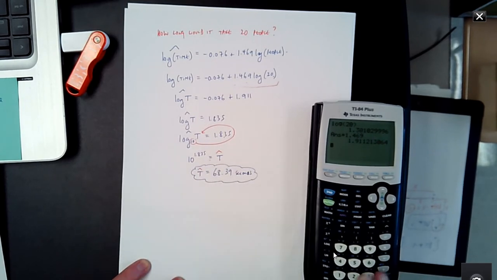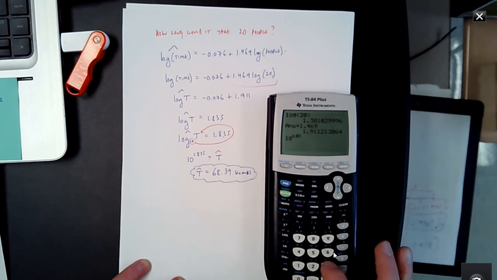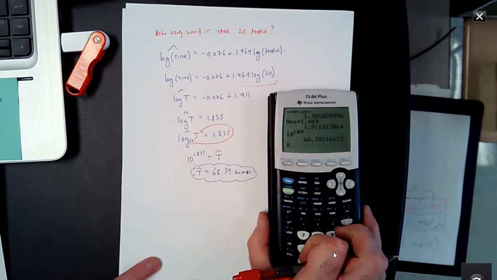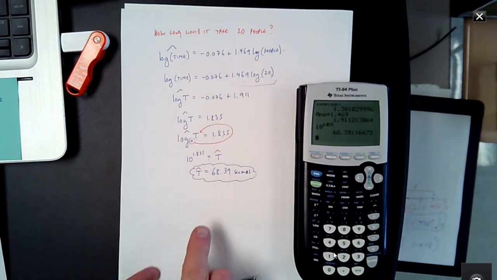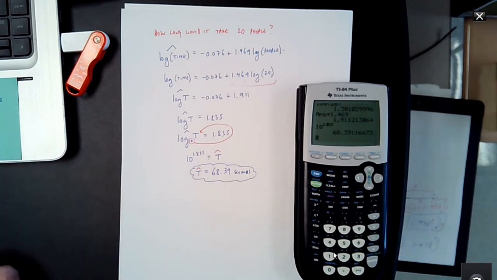So on your calculator, you can just do 10 to the power 1.835, and that's where we're getting the 68.394. So our predicted time for 20 people based on this model is going to be 68.39 seconds.